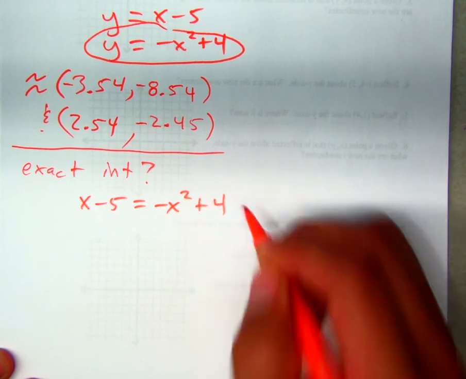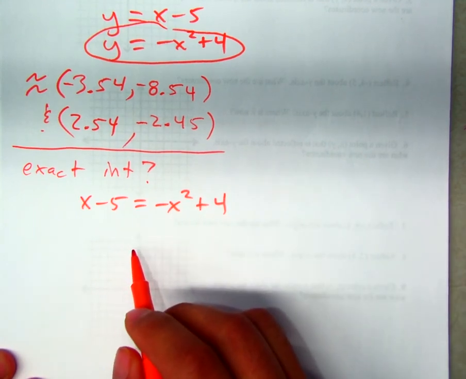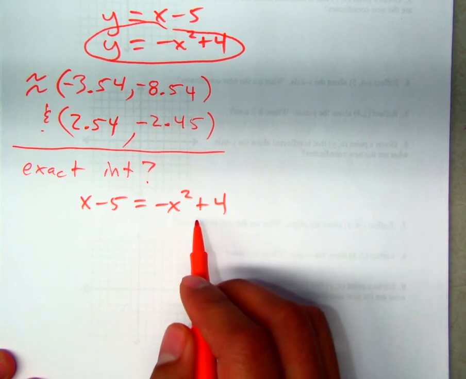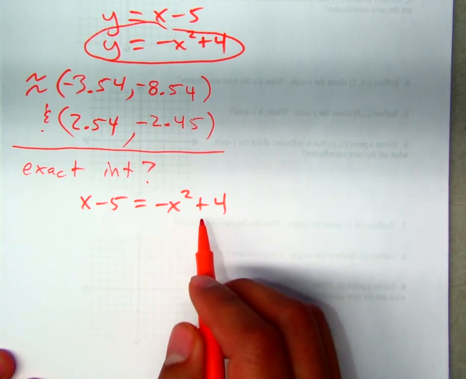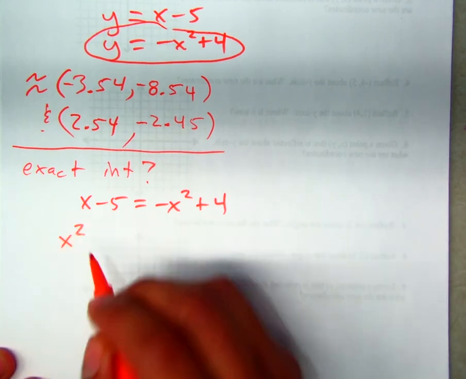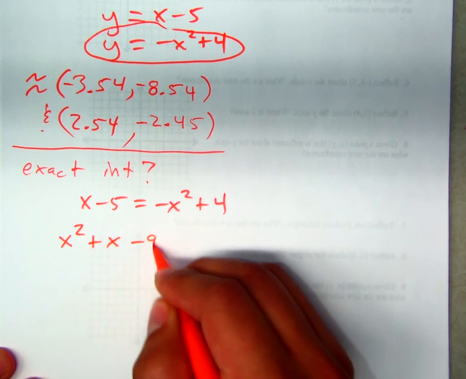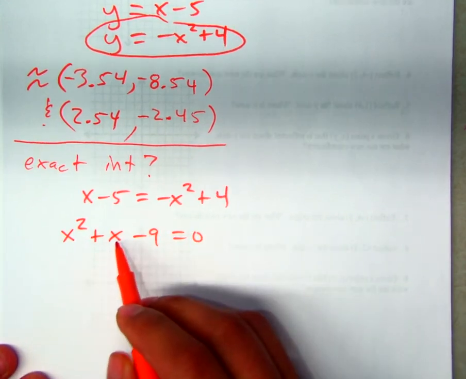And now how do we solve this equation? What kind of equation is this? Quadratic, yes. So what do we want it equal to? So I'll keep x squared positive, move it to the left. Subtract 4. Okay. What do we do at this point?